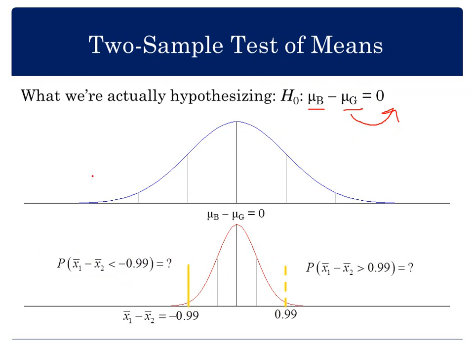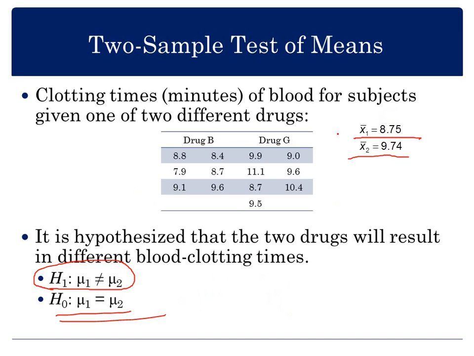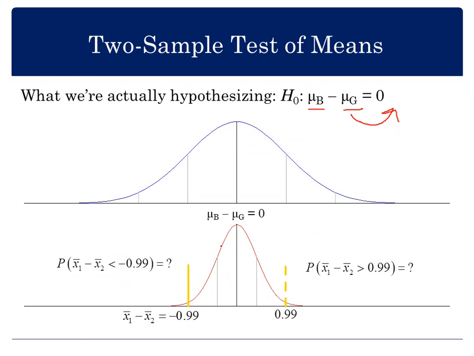So what that does is it sets up that population of clotting times centered at 0 with some unknown standard deviation. We're actually going to estimate it from our data using S. Knowing our sample sizes, 7, and 6 and 7, mathematics kicks in and I get that sampling distribution.